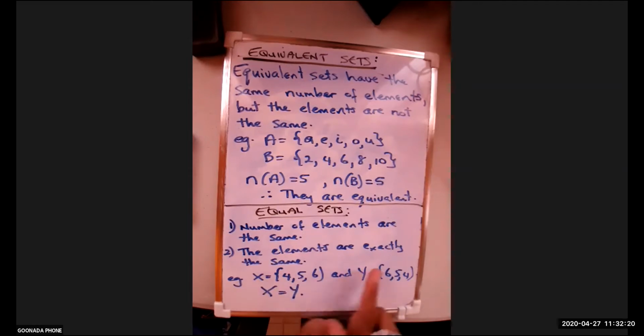And also the elements are exactly the same, so they are definitely equal because they fulfill these two criteria. The order doesn't matter. So although I have 4, 5, 6 and 6, 5, 4, they are equal. So X is equal to Y, and that is basically equal sets.